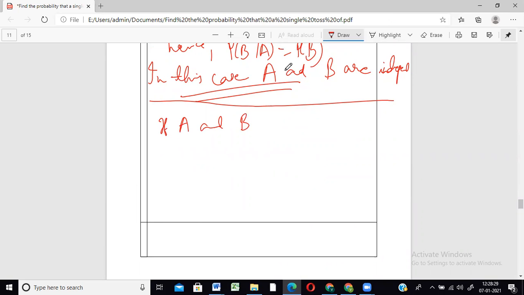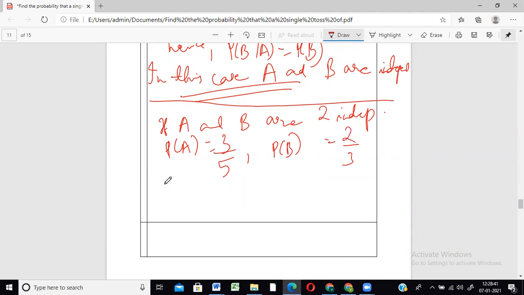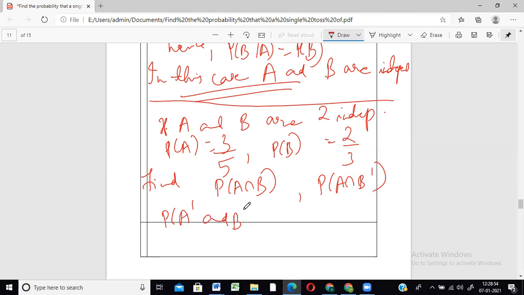Now they're telling you that A and B are two independent events, and probability of A is equal to 3 by 5, probability of B is equal to 2 by 3. You have to find probability of A intersection B, probability of A intersection B complement, probability of A complement and B, and A complement intersection B complement. Just a second.